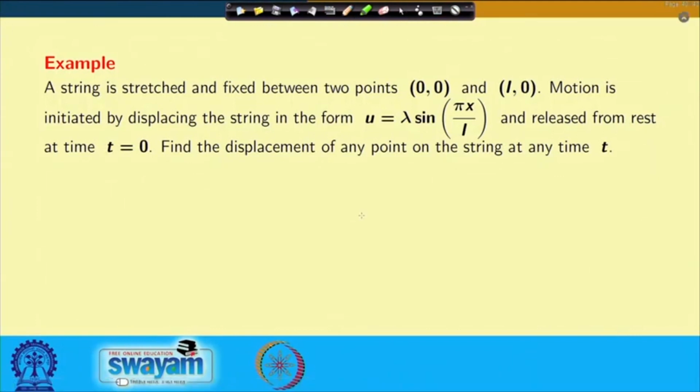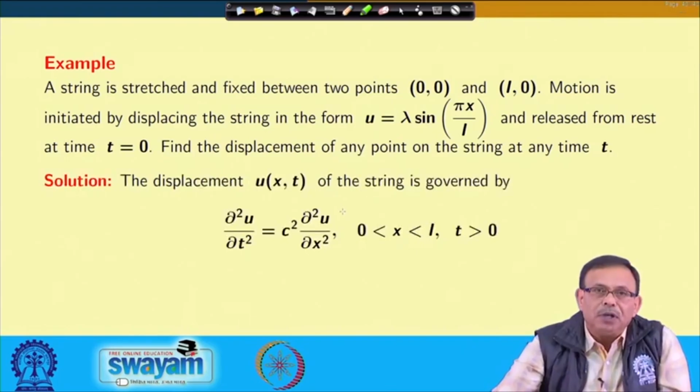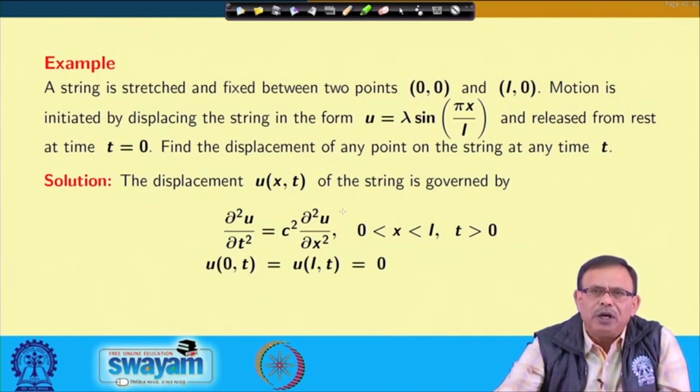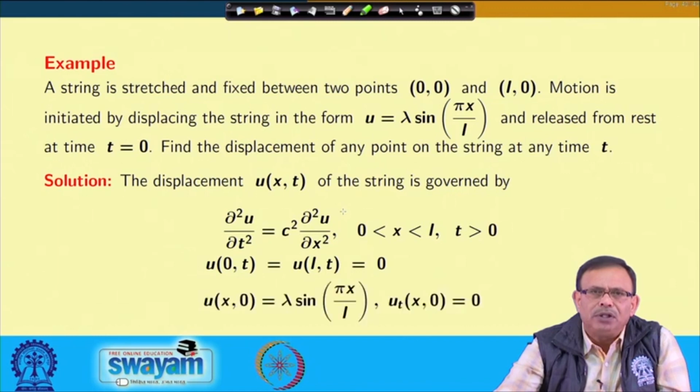As I was telling you, the problem is given. The displacement u(x, t) of the string will be governed by this equation, del square u by del t square equals c square into del square u by del x square, where x lies between 0 to L and t is greater than 0. The string is fixed at two points, 0 and L, so u(0, t) equals u(L, t) equals 0.